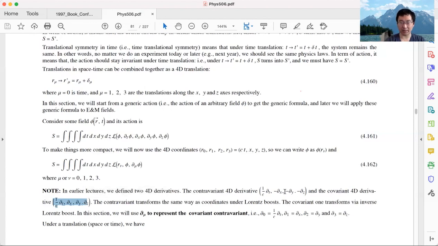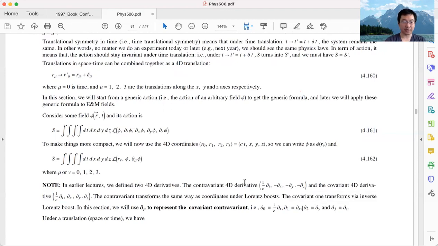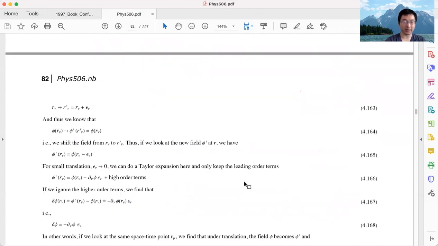Earlier on, we had the minus sign. But for the discussion of this section, this convention makes things slightly more convenient. So that is worthwhile to highlight. Partial 1 is partial x, not minus partial x. In most earlier lectures, partial 1 is minus partial x, but in this section, it's partial x. Anyway, this is a convention I want to highlight.